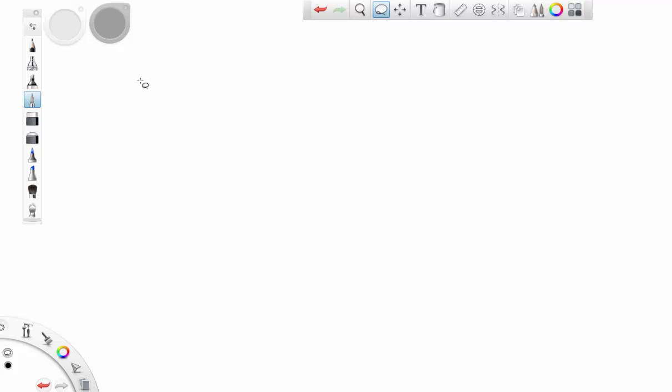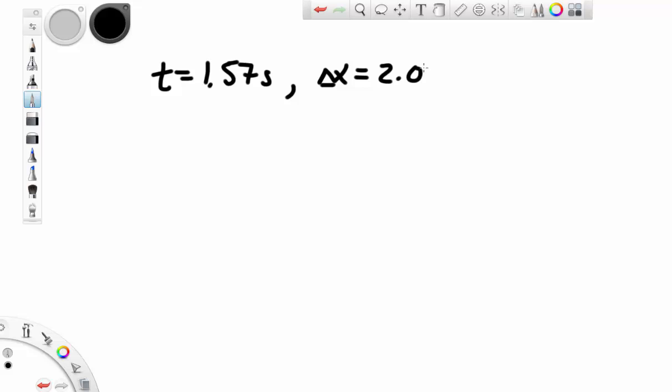So we have a time value of t equals 1.57 seconds to travel a total distance delta x of 2.00 meters. So the average speed is defined as the distance divided by the amount of time that it took to go that distance.